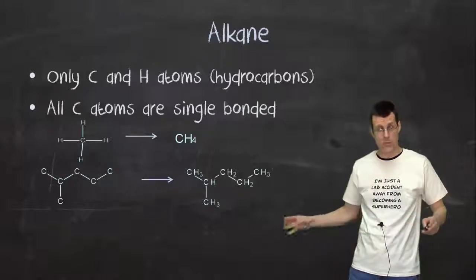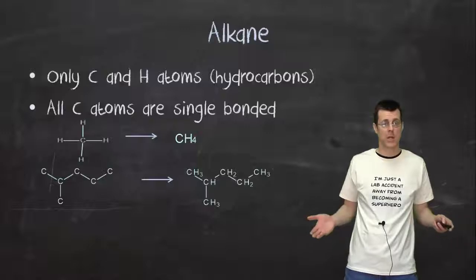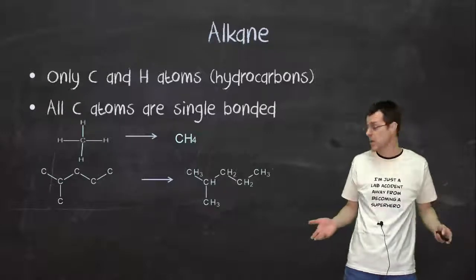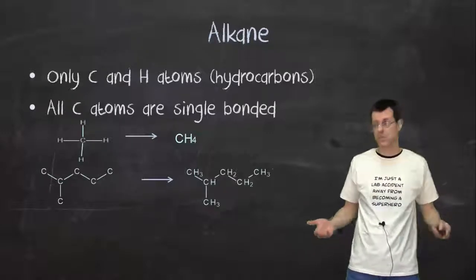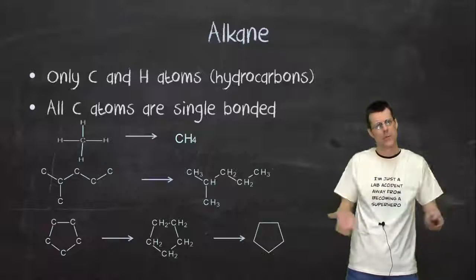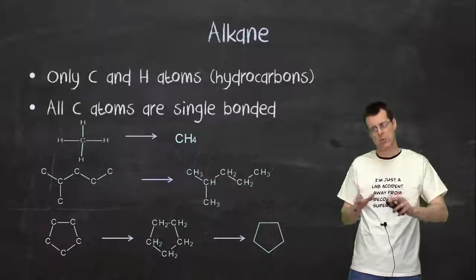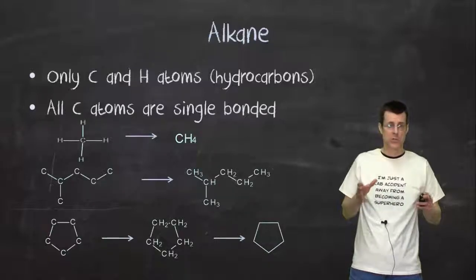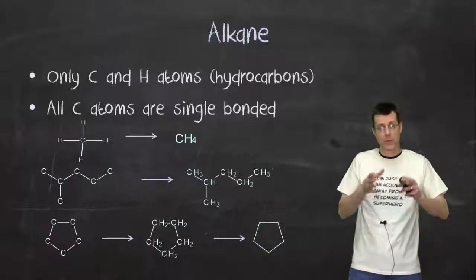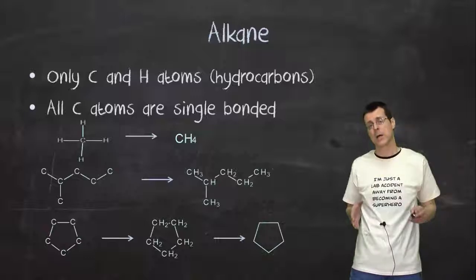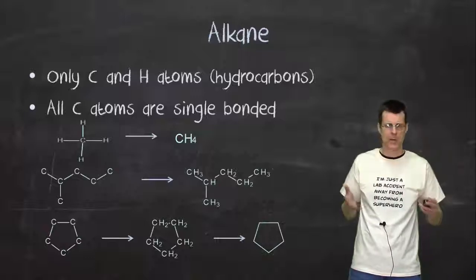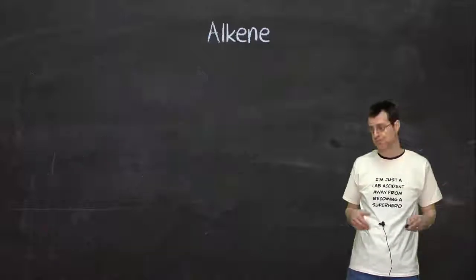And we can have branches and so on, but they're still all alkanes because everything that's there is a carbon atom and it's all single bonded. You can also have those wrap around and form a ring. And on the far right here is a shorthand notation that we'll use to represent rings where every point is a carbon atom, every line is a bond, and the hydrogen atoms are just implied.